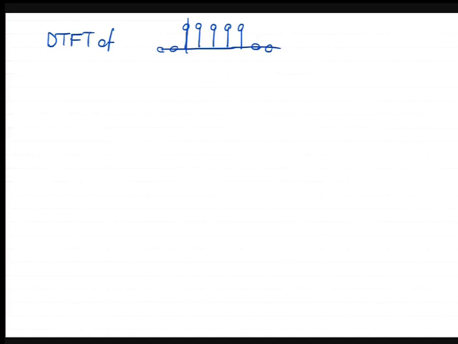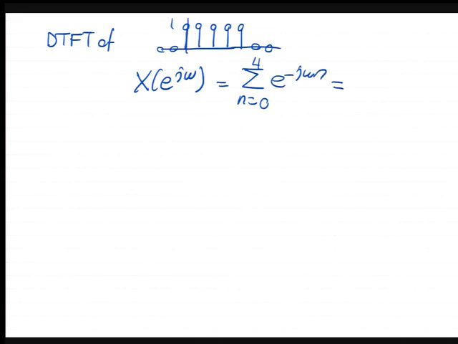Okay, so in this case, it's just a time shift from the centered one, shift by 2, right? So X of e to the j omega, from lecture whatever, is this sum from 0 to 4 of e to the negative j omega n, which if you do the math, comes out to be e to the negative j 2 omega, guess where this comes from, the shift, times sine of 5 omega by 2 divided by sine of omega by 2.